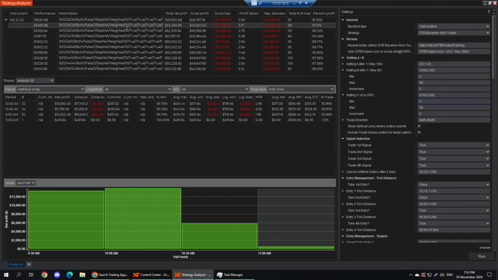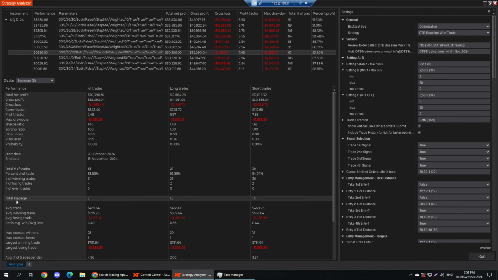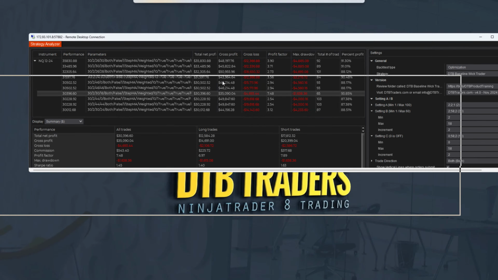Now, you may notice that slippage isn't really a factor on this strategy, and that's because it enters limit orders. It's not entering market orders. Whenever a market order is entered, the slippage is automatically 3 on NQ, MNQ. So some people get confused about what slippage is. Slippage is basically where the price would enter.